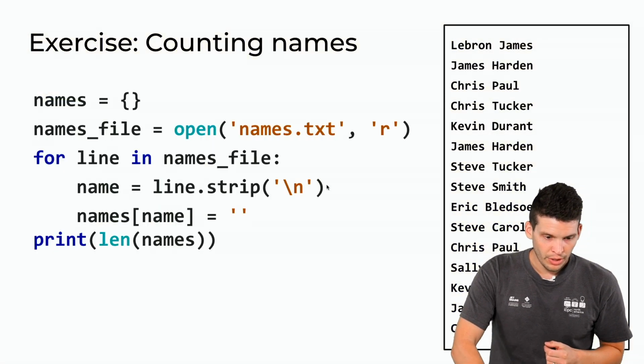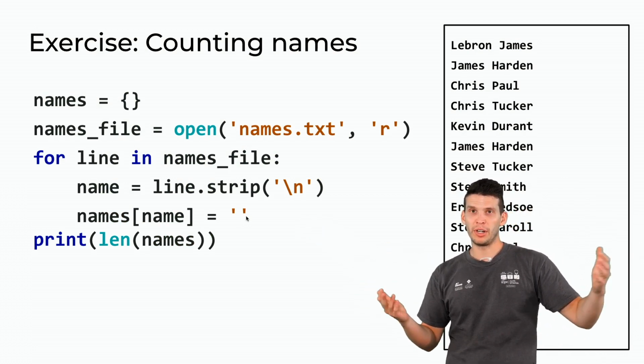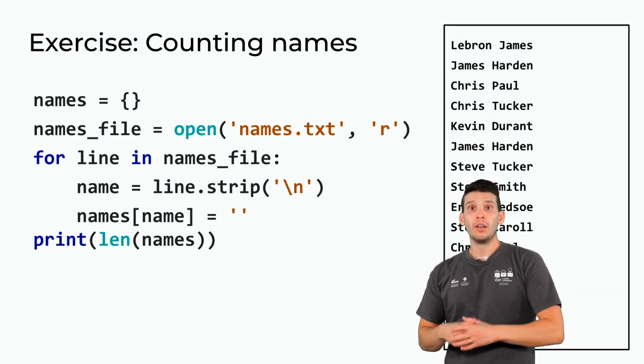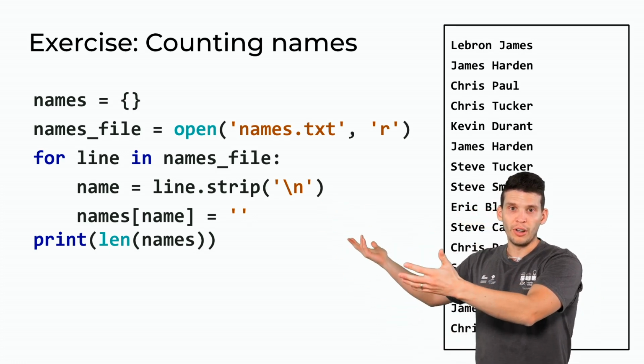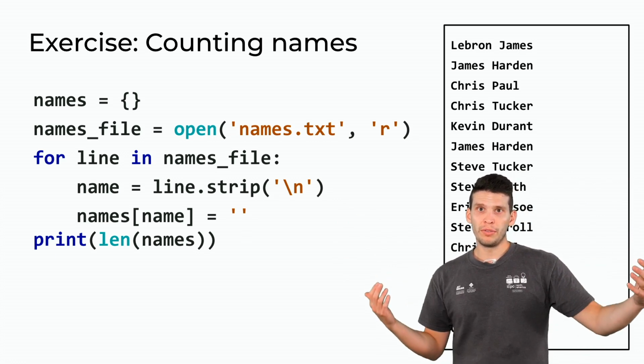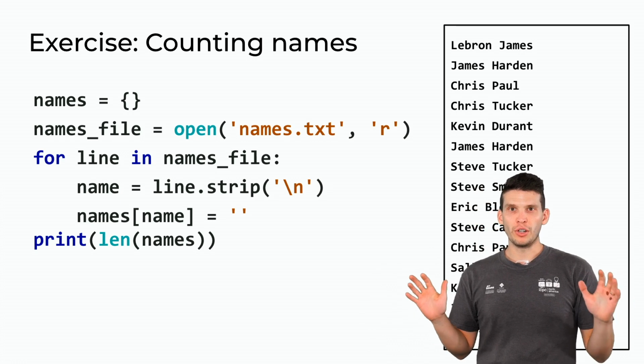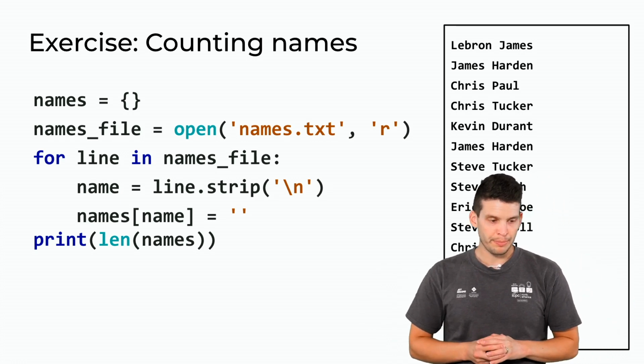Over in this case, we still had associativity, but we were just mapping the names to empty strings, right? So it was kind of an unneeded feature of a data structure to solve this problem. So when you're going about trying to solve problems that involve data and data structures, spend a little bit of time trying to make sure you're picking the right data structure for the job.